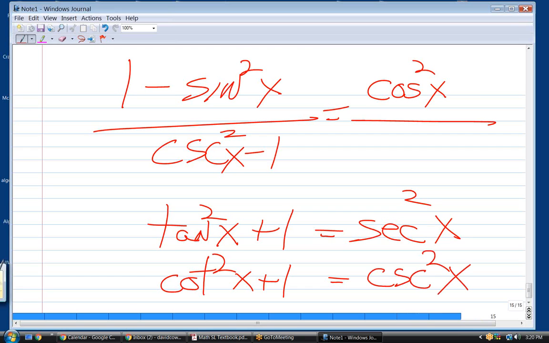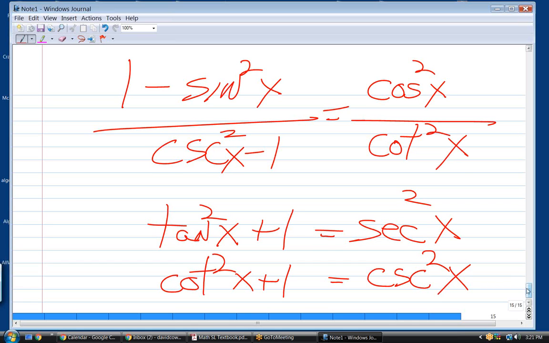Notice how the bottom one is similar to this one. It doesn't get memorized. It just needs you to use the cofunctions of everything you see. Now that we have the bottom one memorized, what is cosecant squared x minus 1 equal to? Cotangent squared minus 1? No, just cotangent squared.